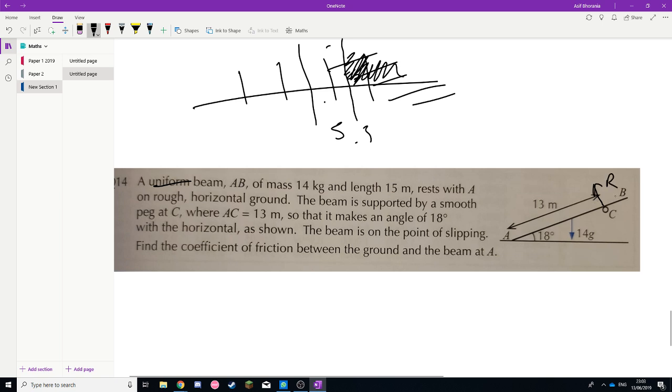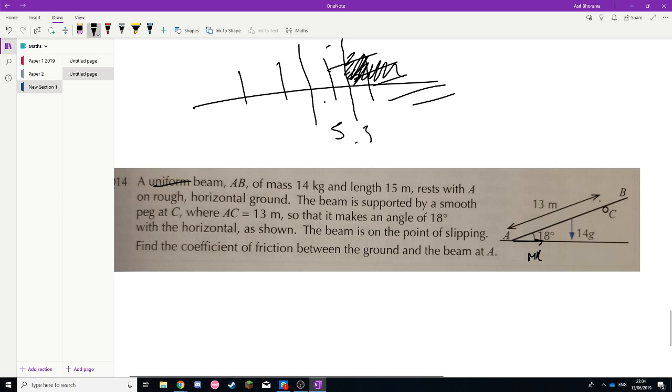So there's a reaction force there. Oh no, hang on a second. The beam is supported by a smooth peg, AC. It makes an angle of 18. The beam is on the point of slipping. Find the coefficient of friction between the beam and the ground. Okay, so there is a mu R there.